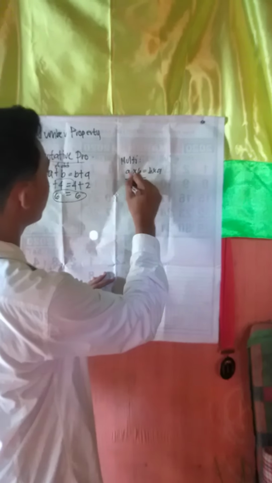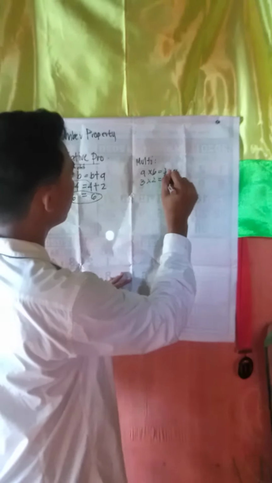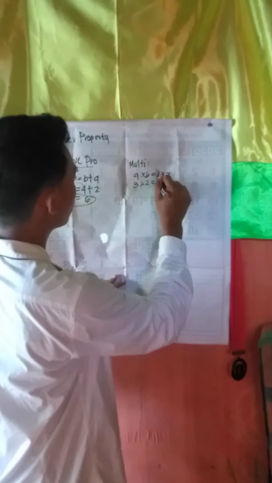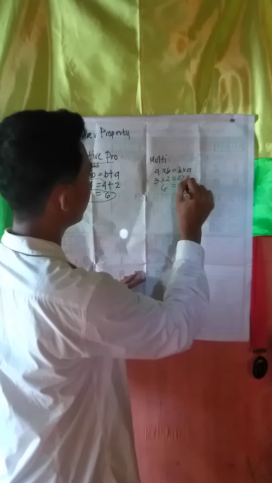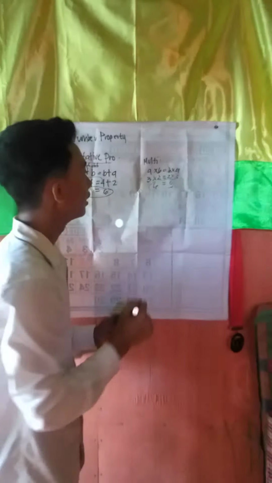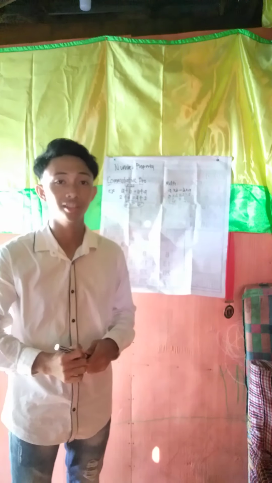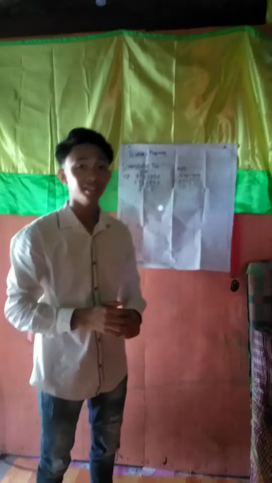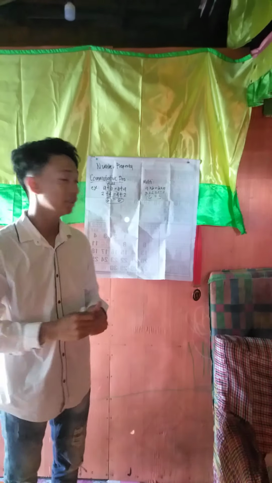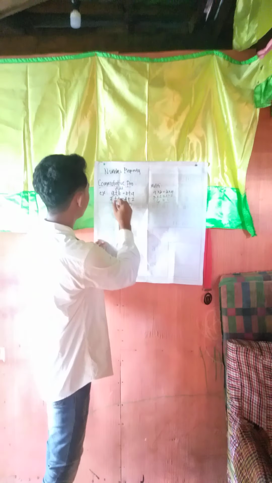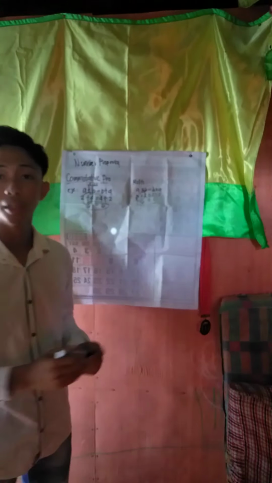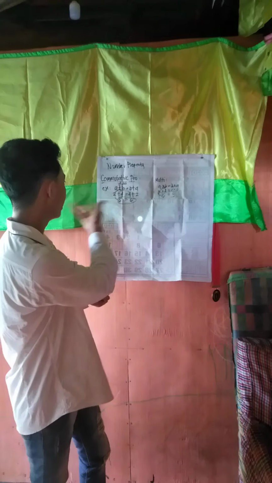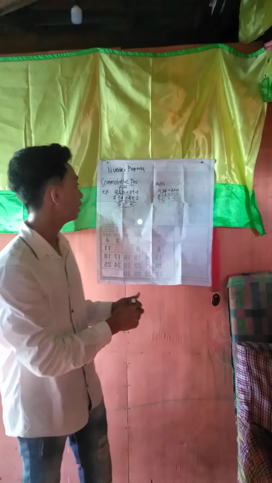Let's simplify as 3 times 2 equals 2 times 3 equals 6, and there is still the same answer. Hence, this property holds true only for addition and multiplication, but not for division and subtraction. And that is for the commutative property.